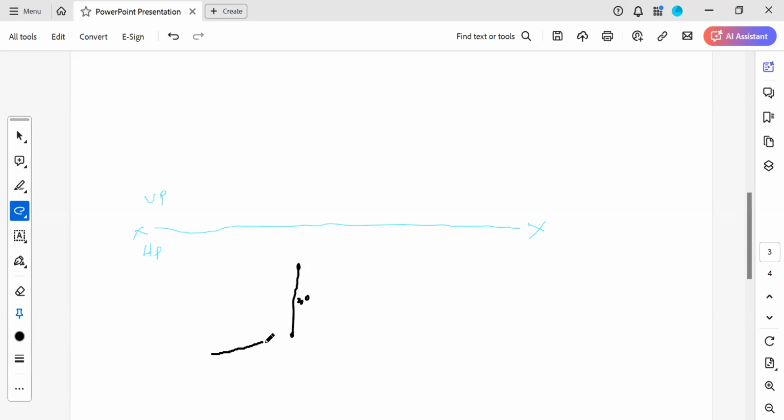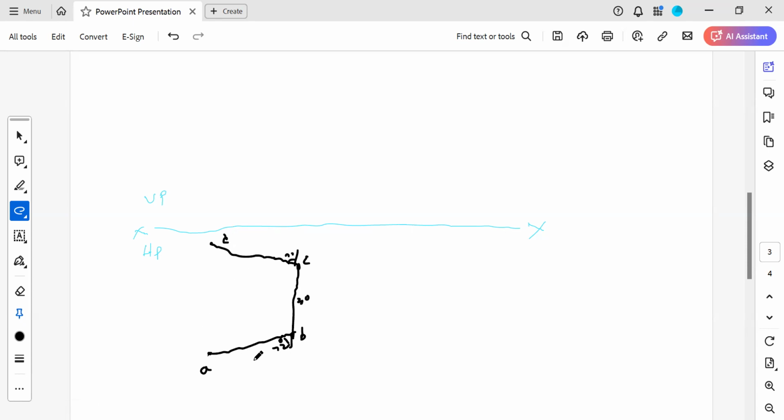At the other point, draw a 72 degrees line too. So you will get certain points. This point is A, this point is B, this point is C, this point is D.